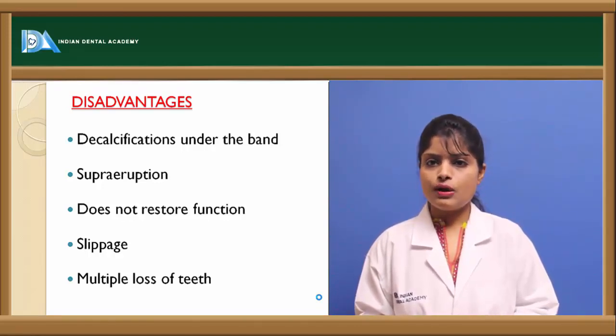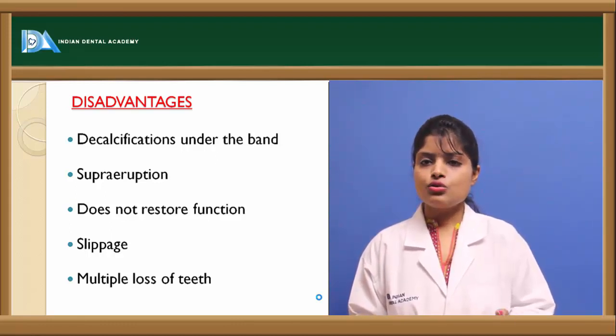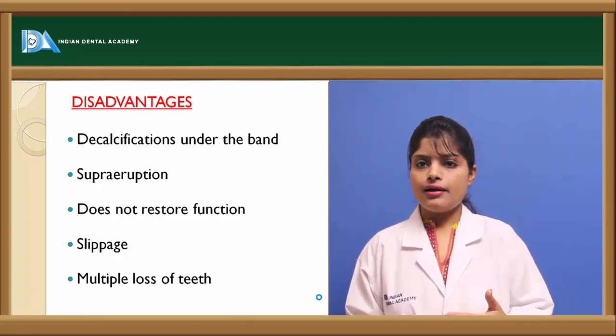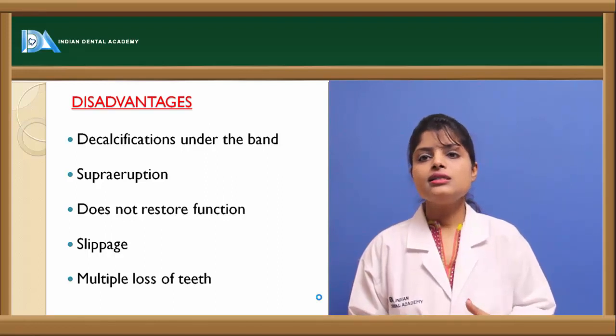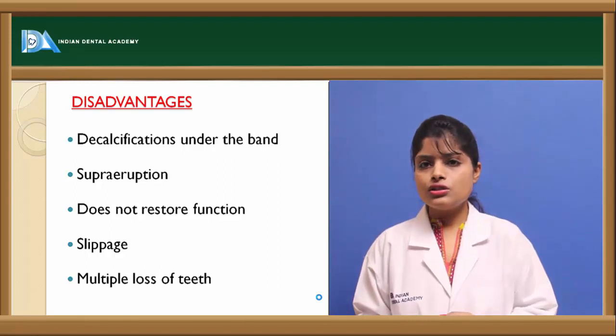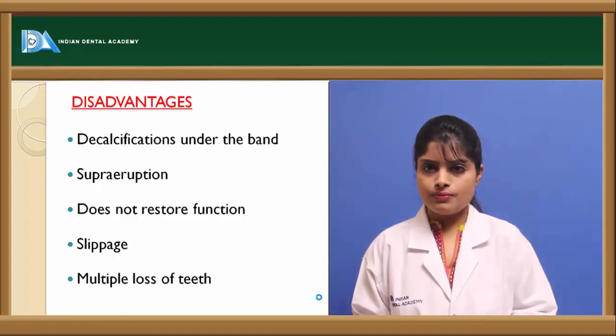of the molars because of the bands used in the appliance, which will lead to corrosion of the tooth surface. It can also cause supra-eruption of the erupting opposing permanent teeth in the space, and it does not restore the function of the normal masticatory system.